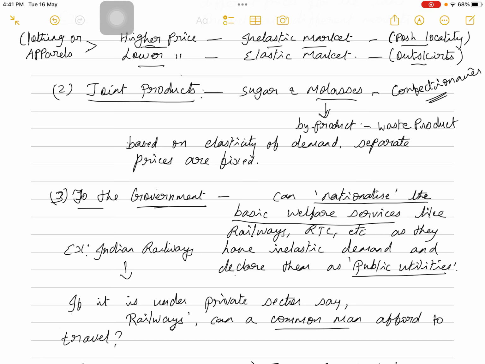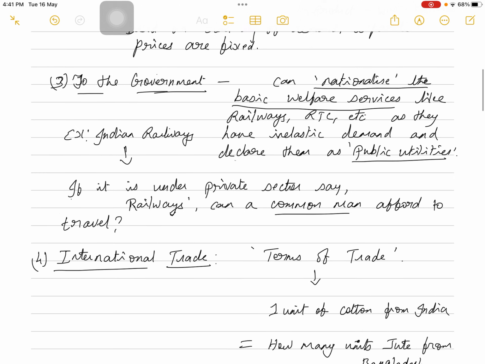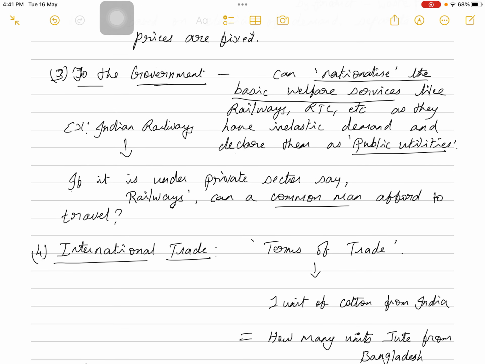If the final product has inelastic demand, then the price for sugar and molasses can be increased. Okay, so in that way, the knowledge of elasticity of demand is helping to determine the prices of the joint products separately. Now the next advantage is that the knowledge of elasticity of demand is also helping the government.